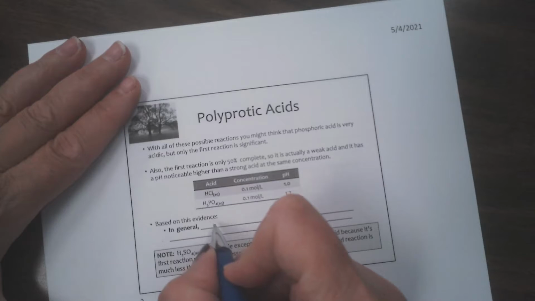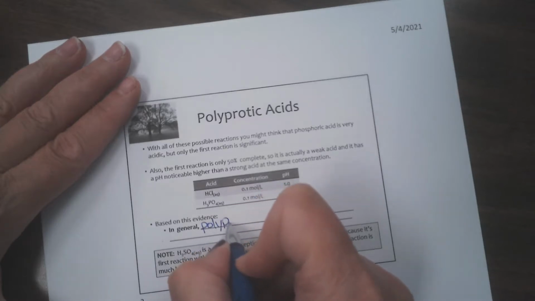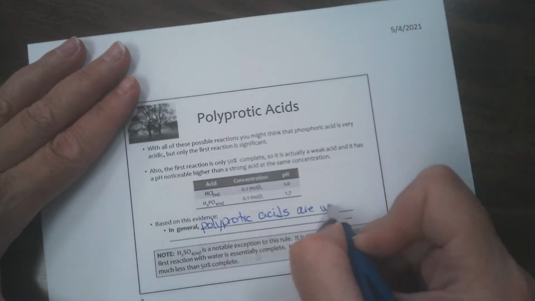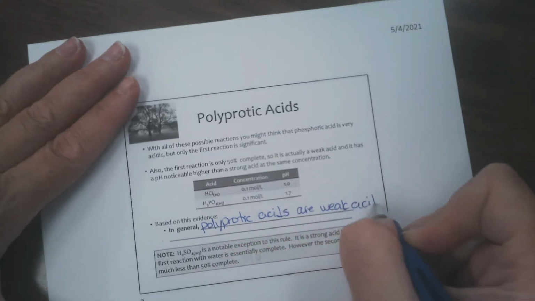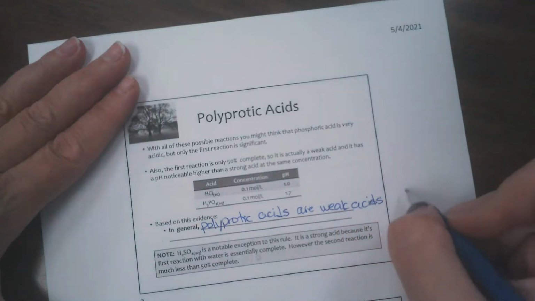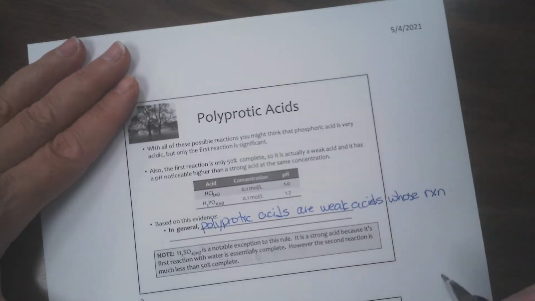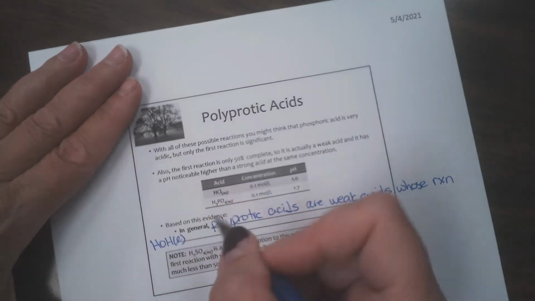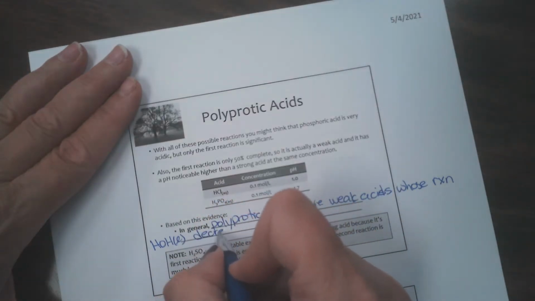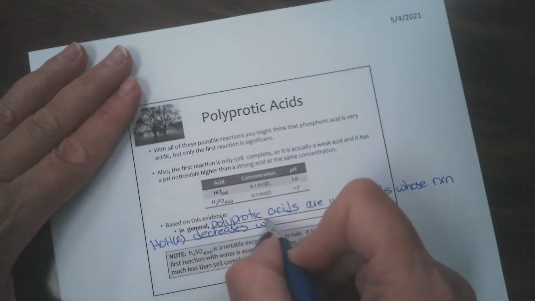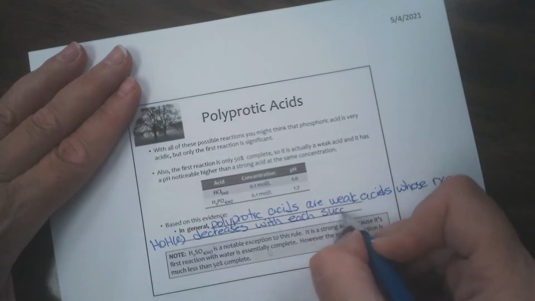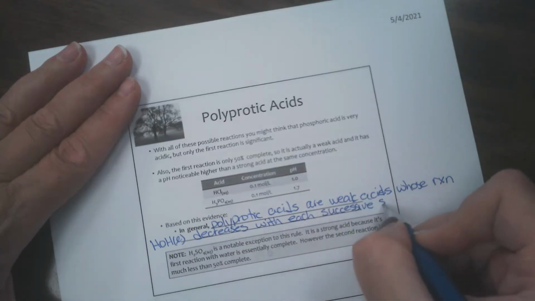So, in general, we can say that polyprotic acids are weak acids whose reaction with water decreases with each successive step, which means each step.